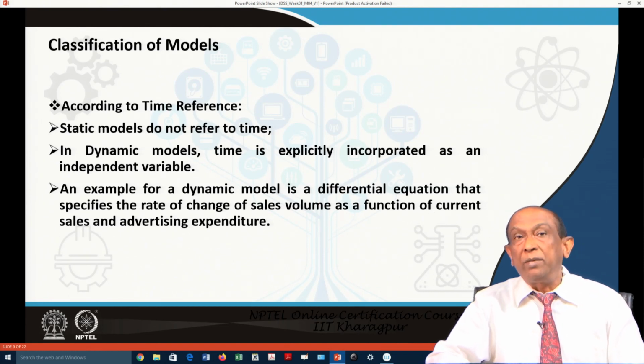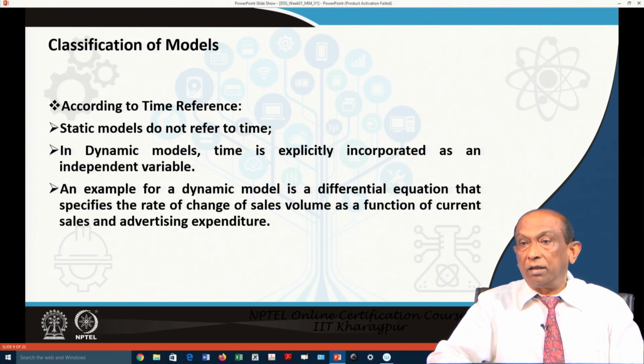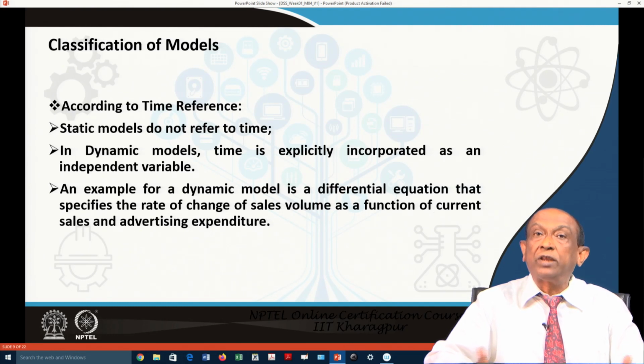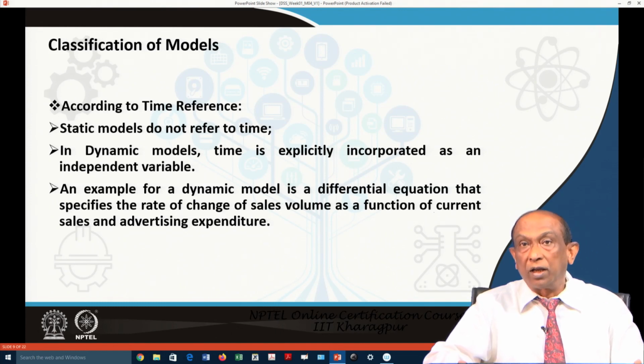An example of a dynamic model is a differential equation that specifies the rate of change of sales volume as a function of current sales and advertising expenditure. So, according to time reference, we have two kinds of models: static models which do not refer to time, dynamic models they refer to time, and we have given examples of dynamic models.